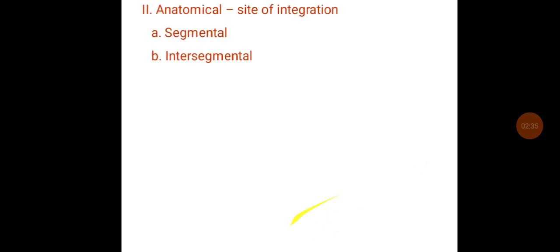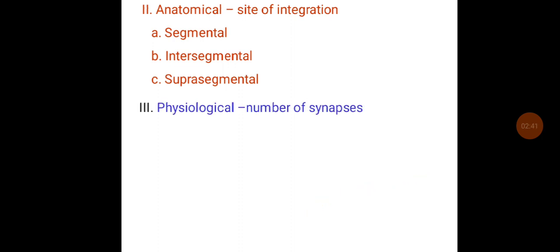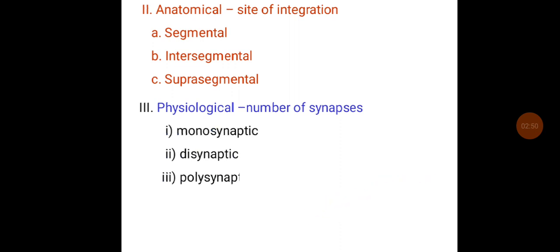Based on the anatomy, they can be classified depending on the level of integration as segmental, intersegmental, or suprasegmental. Based on the number of synapses, the physiological classification can be monosynaptic, disynaptic, polysynaptic, or asynaptic.